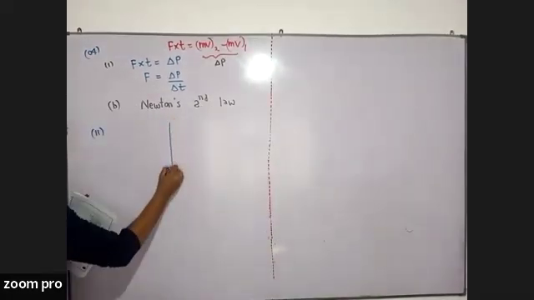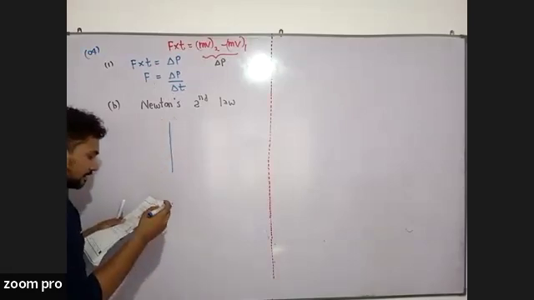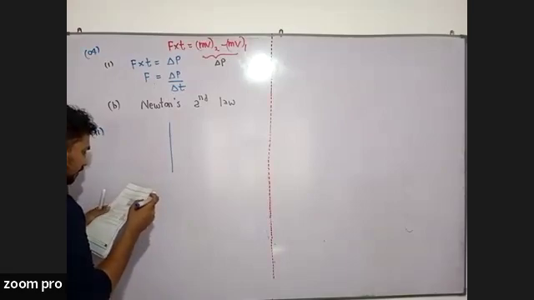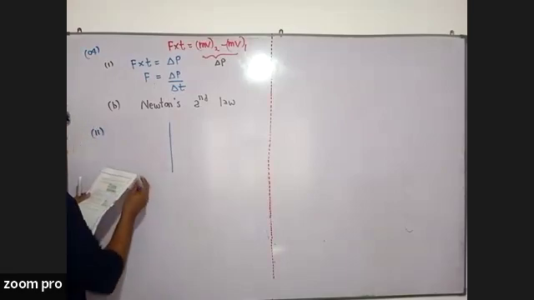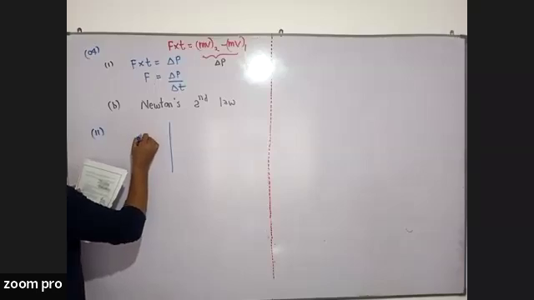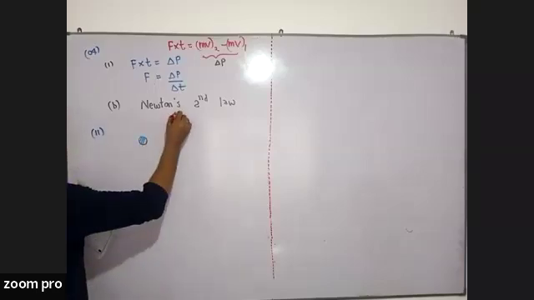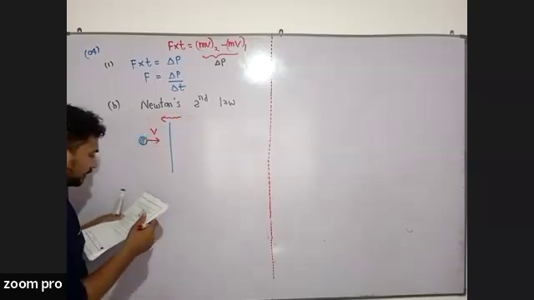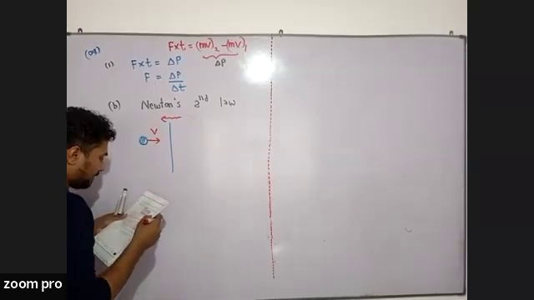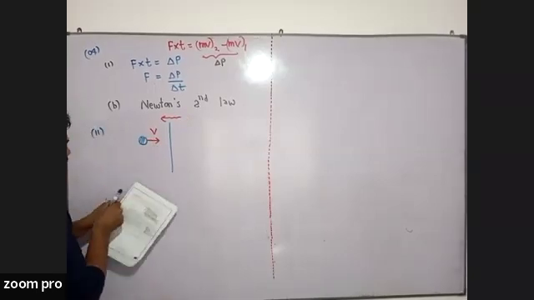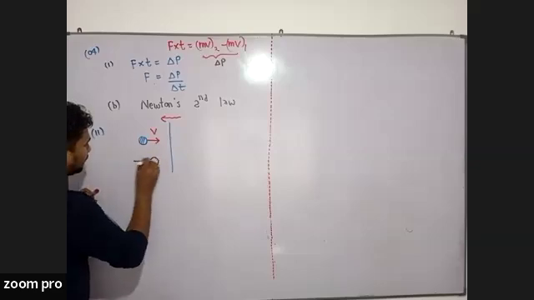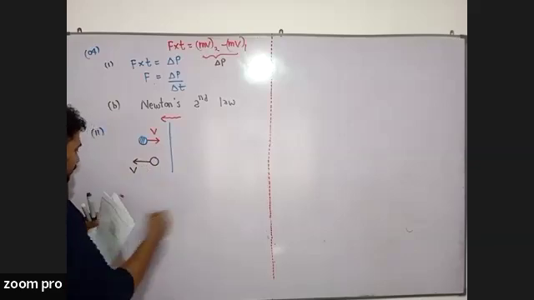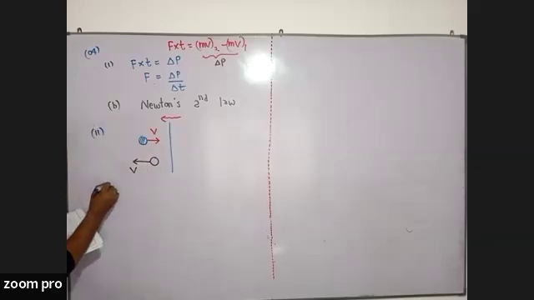So according to the question, let's assume the bus is moving towards this direction. Initially, air molecules collide with the bus with velocity v, and bounce back in the opposite direction with the same velocity. So now I'm going to take the momentum difference.